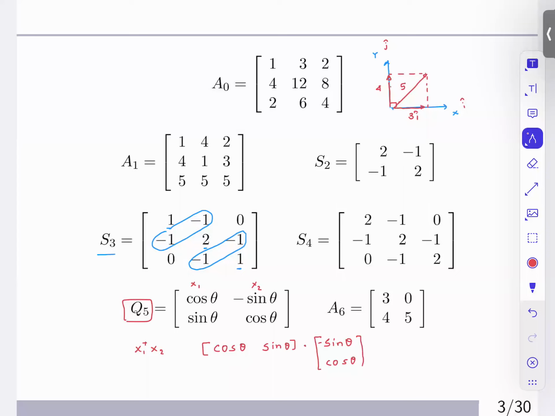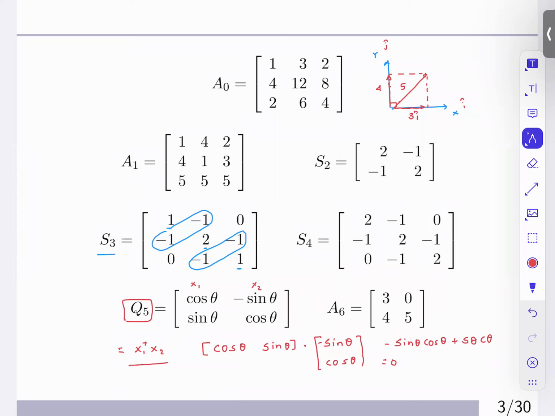Taking the dot product, it becomes minus sine theta cosine theta plus sine theta cosine theta. So what I get is 0, which means the dot product is 0, and that means those two vectors are perpendicular to each other.